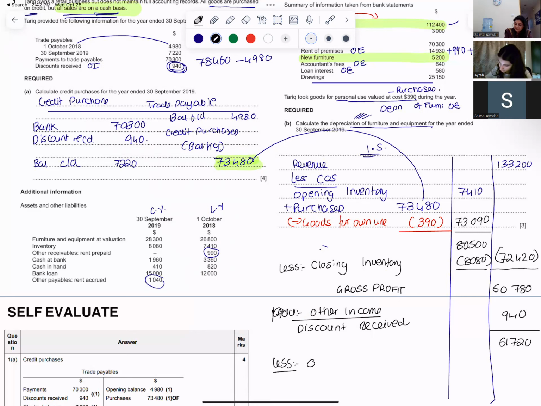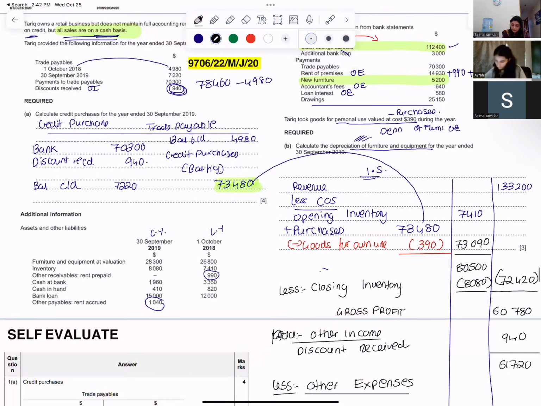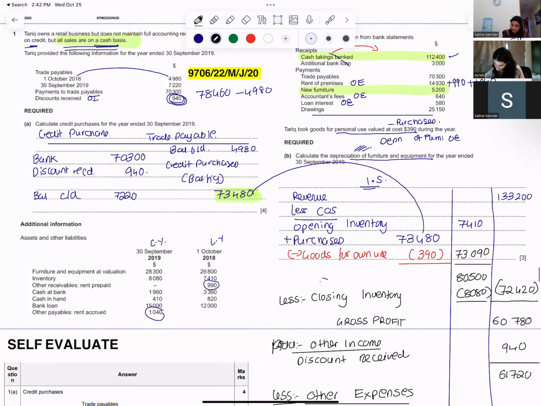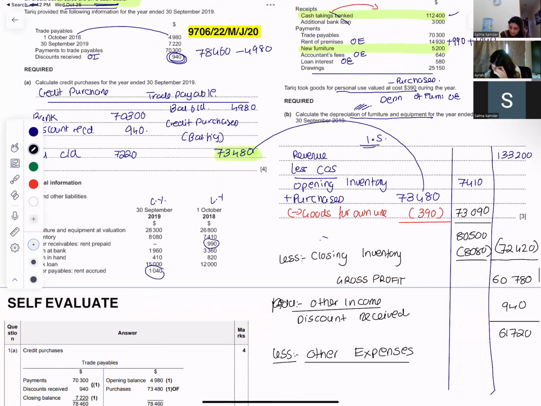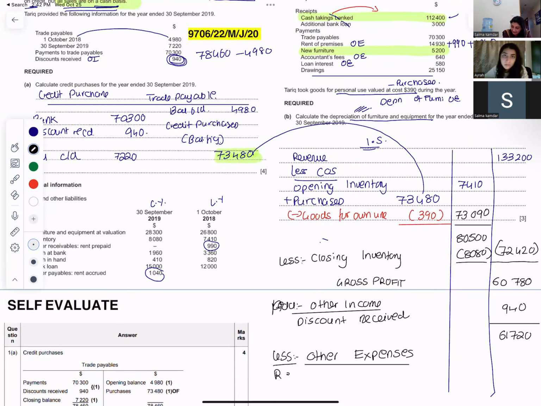Less other expenses. What are your other expenses? First is rent of premises, to which you will add 990, and add 1040.